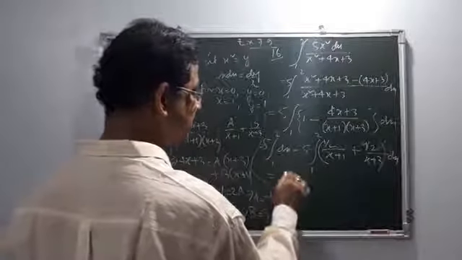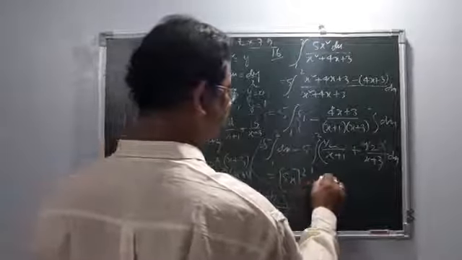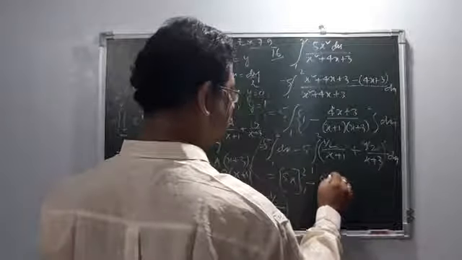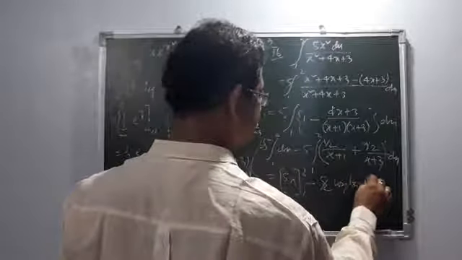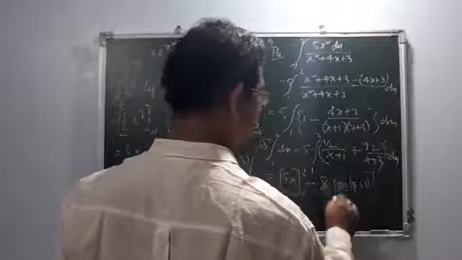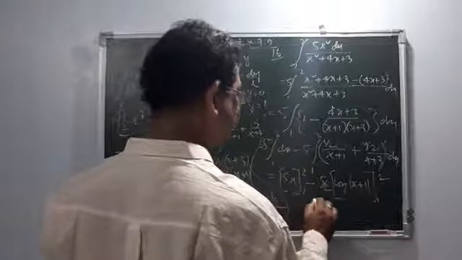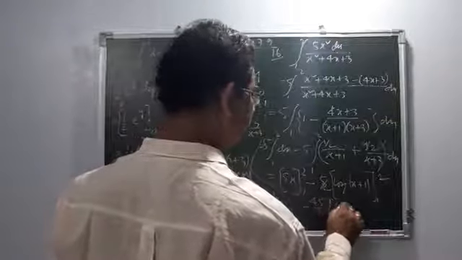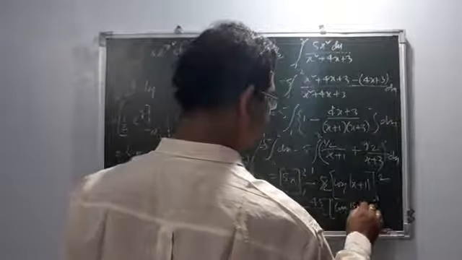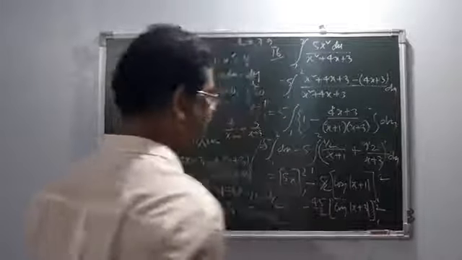This is 5 times x from 1 to 2, here half you take log modulus x plus 1, here you will get 1 to 2. Here again minus 45 by 2 log x plus 3 from 1 to 2.